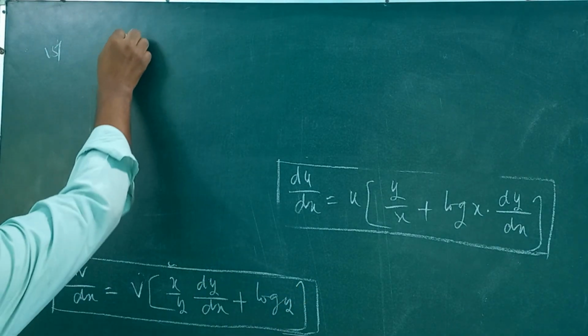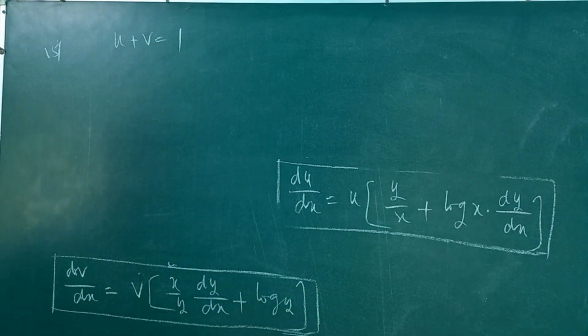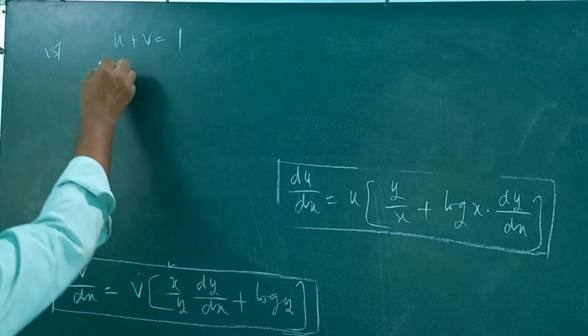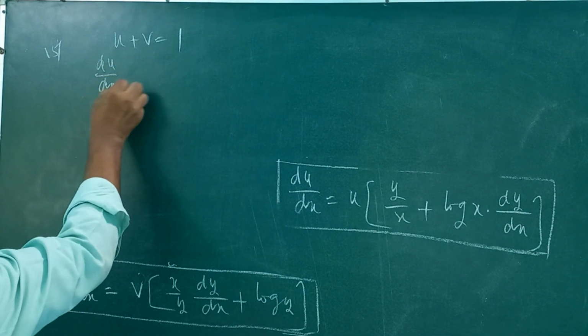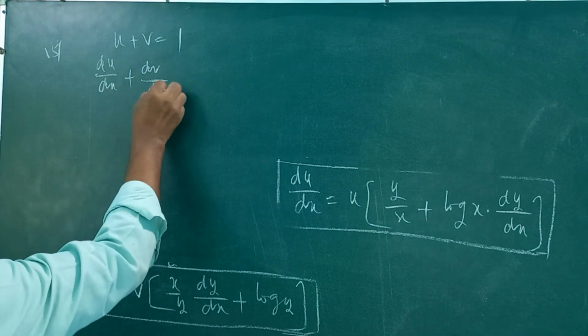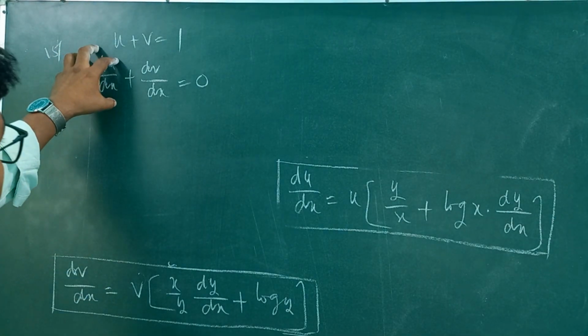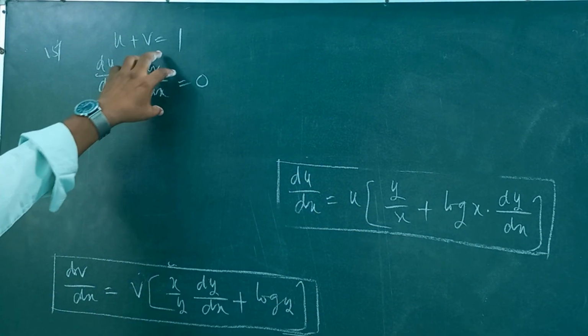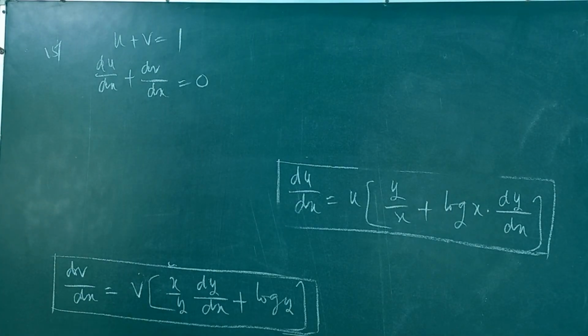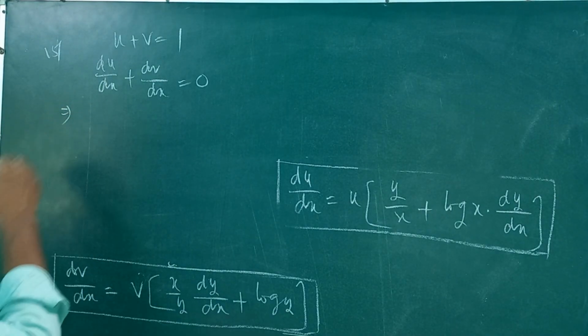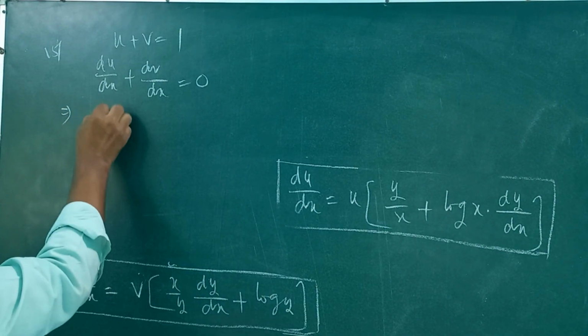Our function was u plus v equals 1. Now if you take the derivative on both sides, du by dx plus dv by dx equals 0. Now we replace du by dx from this and dv by dx from this one. Then what will you get? u means x to the power y.